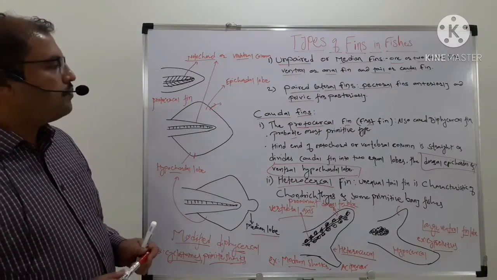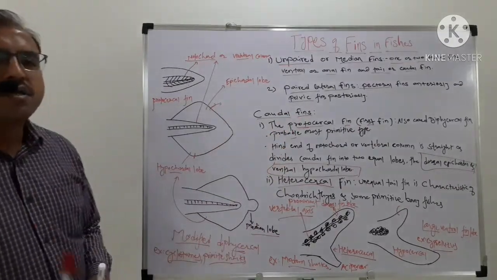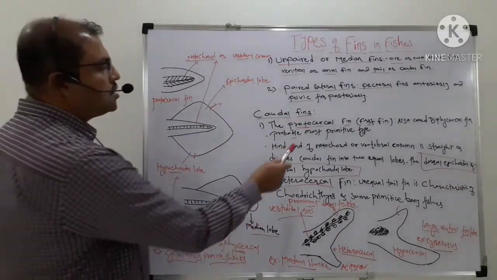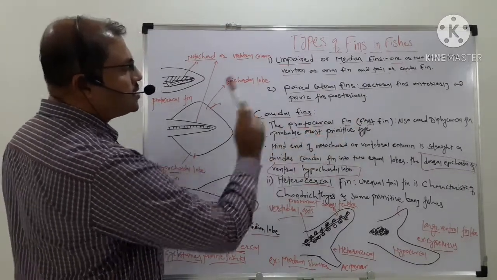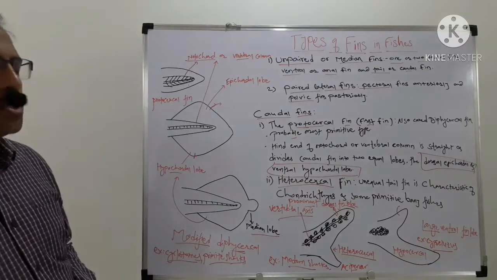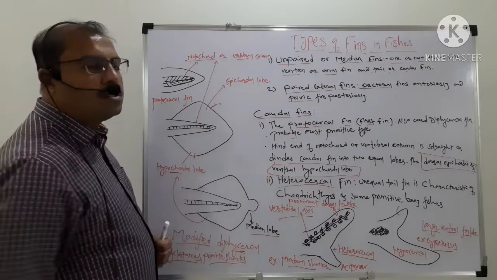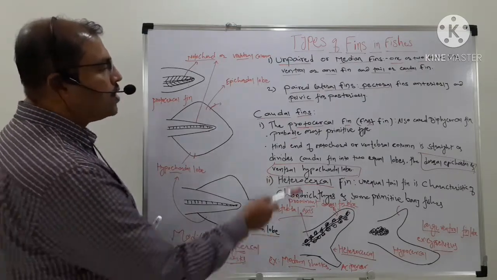Now the caudal fin has three different types. First is protocercal or diphycercal, second is heterocercal, and third is homocercal.